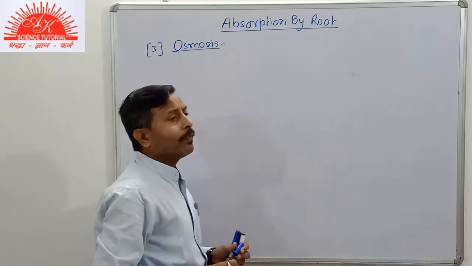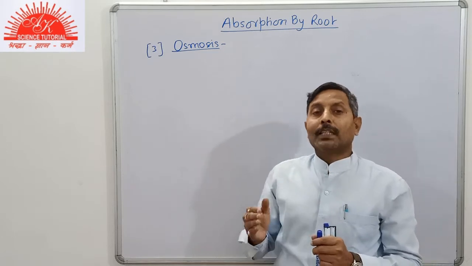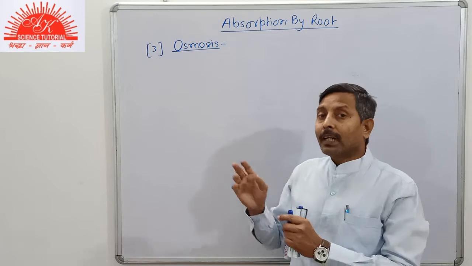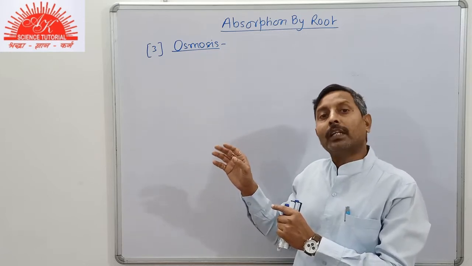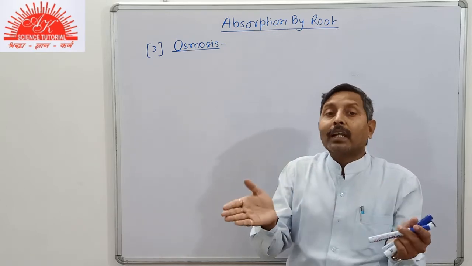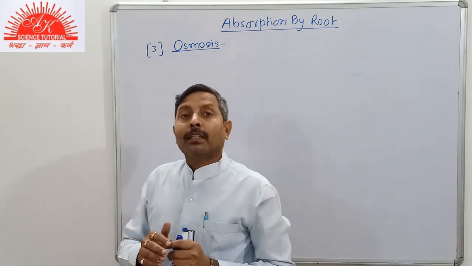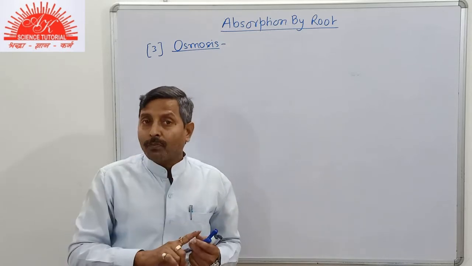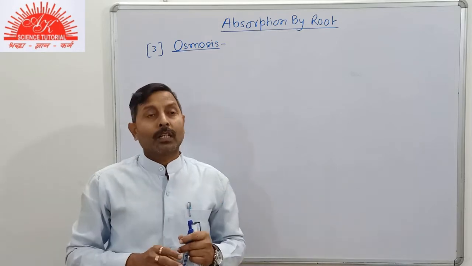Now, students, we have studied that in diffusion, the movement of solute as well as solvent particles takes place from the region of their higher concentration to the region of their lower concentration. When the two are kept in direct contact, in diffusion the bidirectional movement can take place, and it will stop only when the concentration becomes uniform.